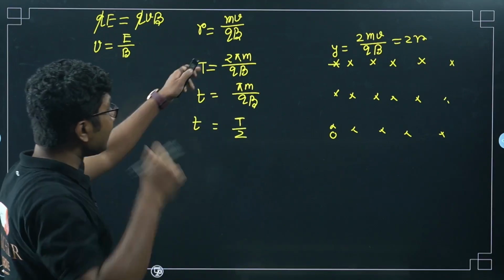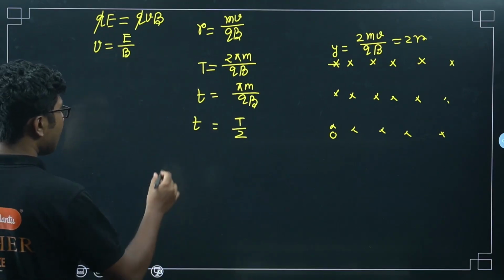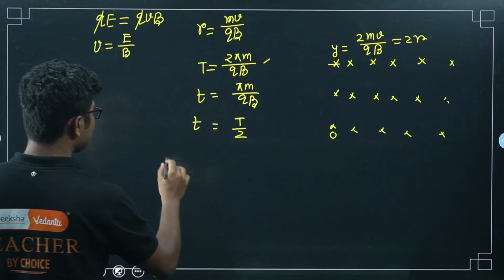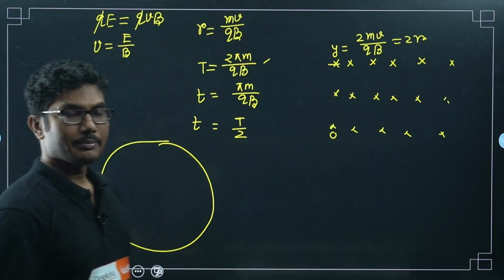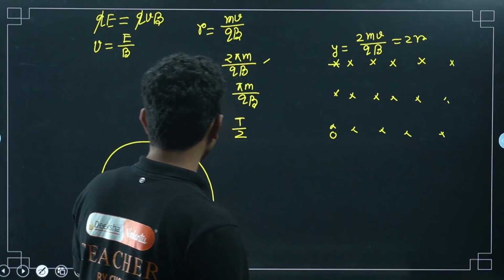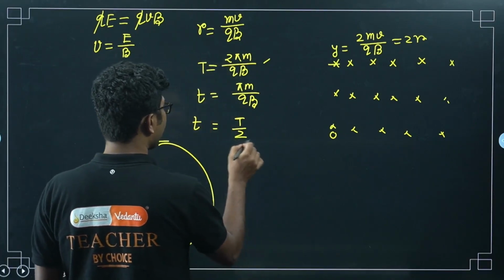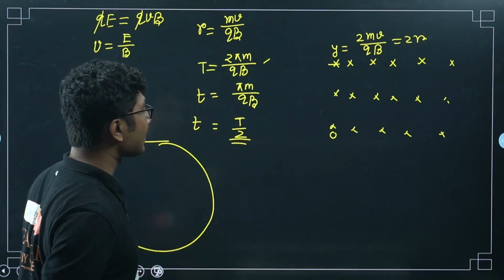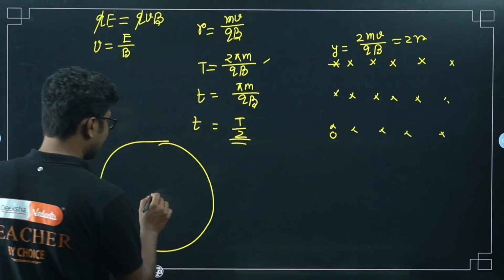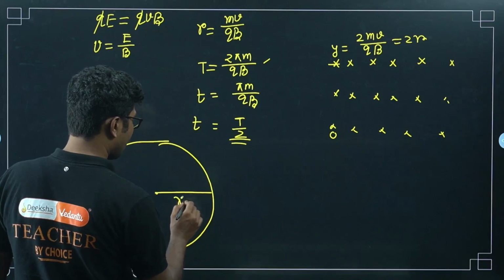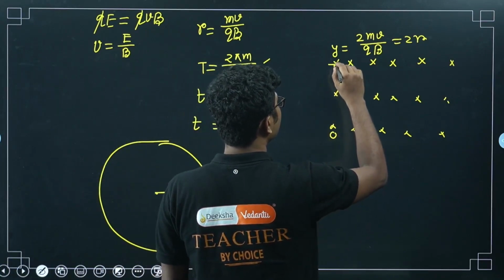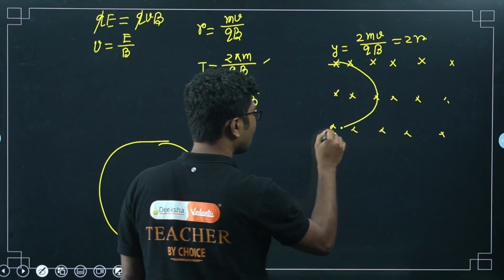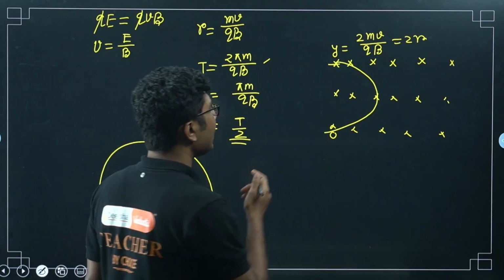Now what is the meaning of this time period? Time period means if this much time passed, then it would have completed one full circle. But only half the time has passed, so that means it would be completing only half circle.